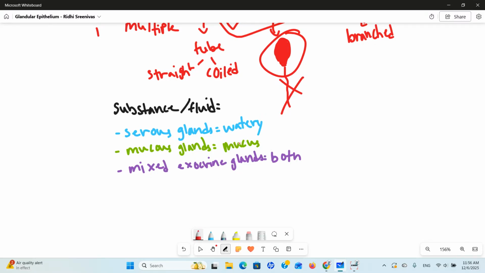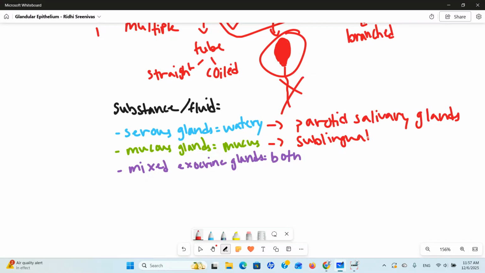I'm going to write that down. Next are mucus glands that secrete mucin that forms mucus, and an example are the sublingual salivary glands.